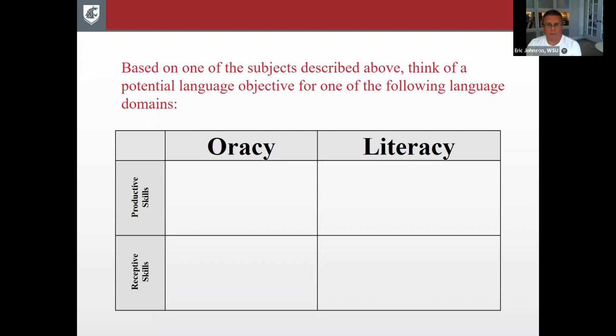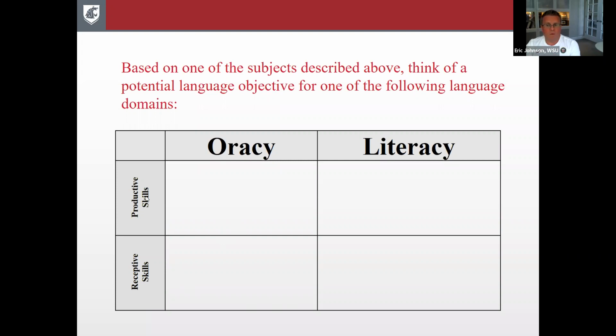Do you want them to use adverbials, right? Like the procedural words, like first, second, third, or next, or whatever. Maybe you want to work on their productive literacy. And so you're going to have them complete the algorithm, maybe with a partner, and then they have to turn and explain orally the steps that they took.